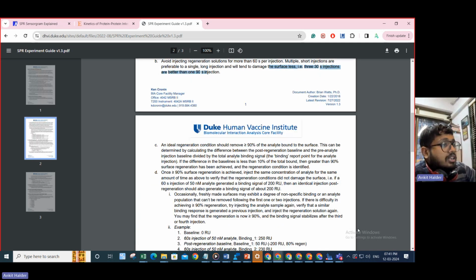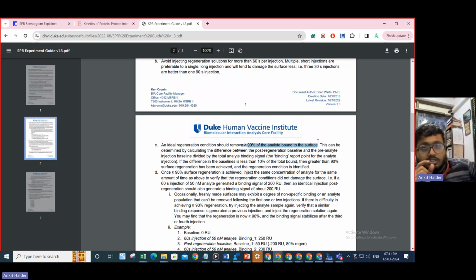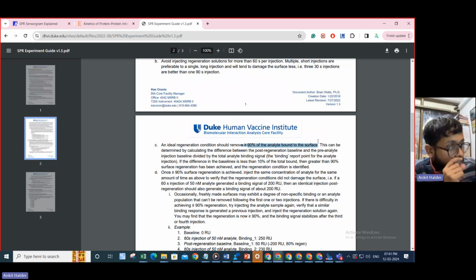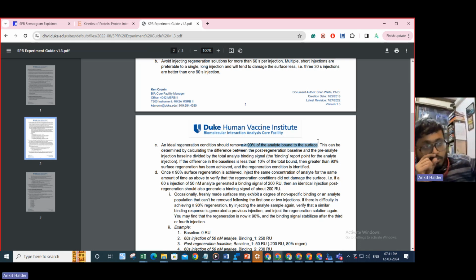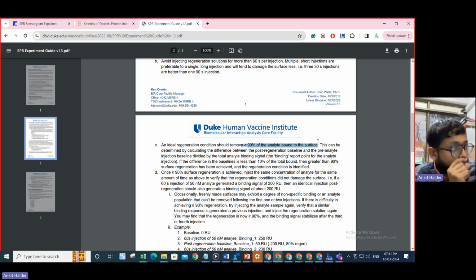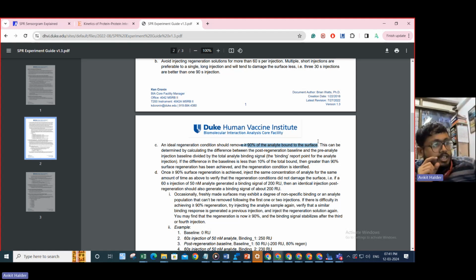The regeneration condition should remove greater than 90% of the analyte bound to the surface. This can be determined by calculating the difference between the post-regeneration baseline and the pre-analyte injection baseline, divided by the total analyte binding signal at the binding report point of the analyte injection.